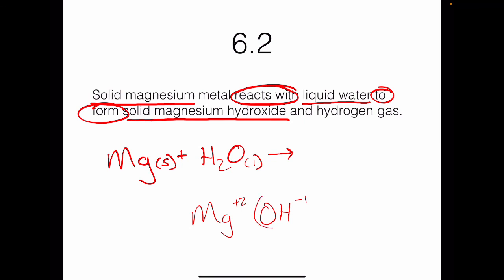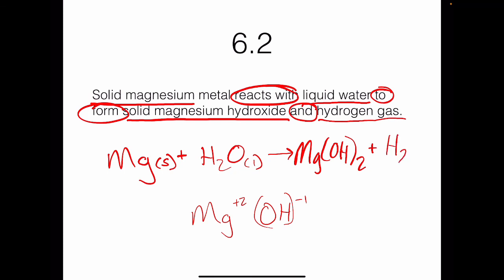So if we put parentheses around the base of our polyatomic and we make a formula out of this, we will end up with Mg and in parentheses OH and a 2 on the outside. And then we see "and," which means plus, and then we see hydrogen gas. We know hydrogen is one of our diatomics, so we have H2 and G.